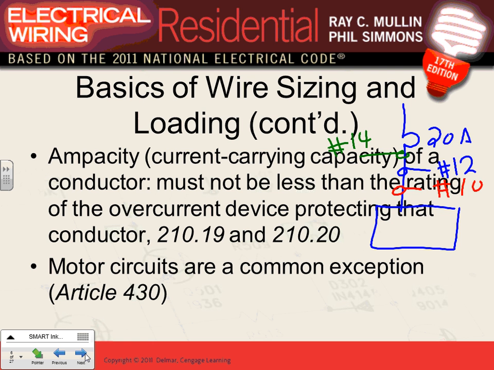The exception is motors. Please write this down. When you go to the commercial, you're going to find a number 14 conductor with a 50 amp fuse ahead of it, and that's okay. Motors are the exception. Other than motors, you're going to be stuck with this: number 14 goes with 15 amps. Okay.